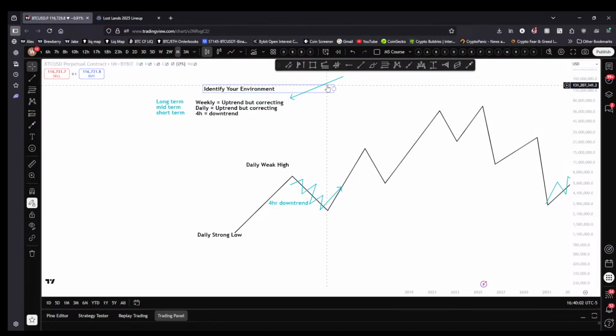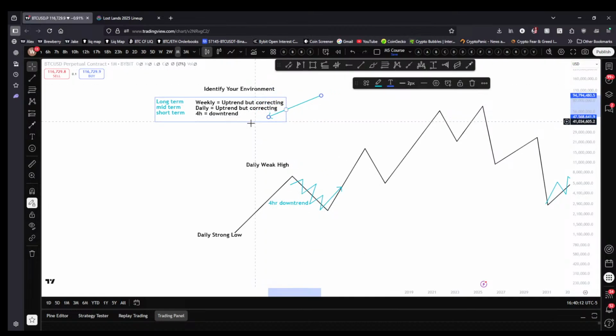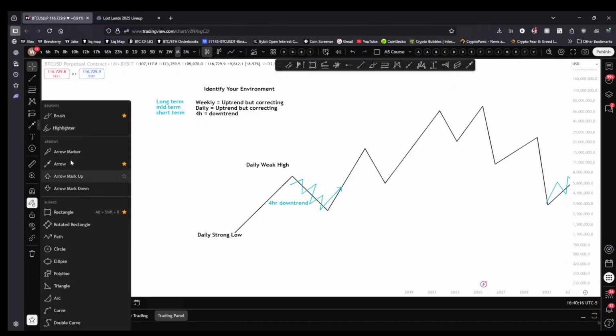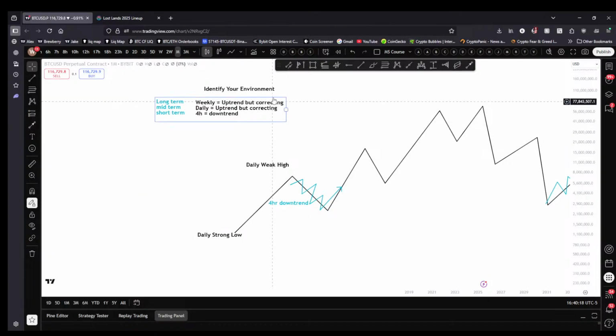Why? Because then everything's in alignment. Your 4-hour is in an uptrend, your daily's in an uptrend, and your weekly's in an uptrend. The price will most likely go up, right? Now, why is this important? Well, this is important because this is like your long-term bias. This is your confirmation time frame, and this is your entry time frame, right?